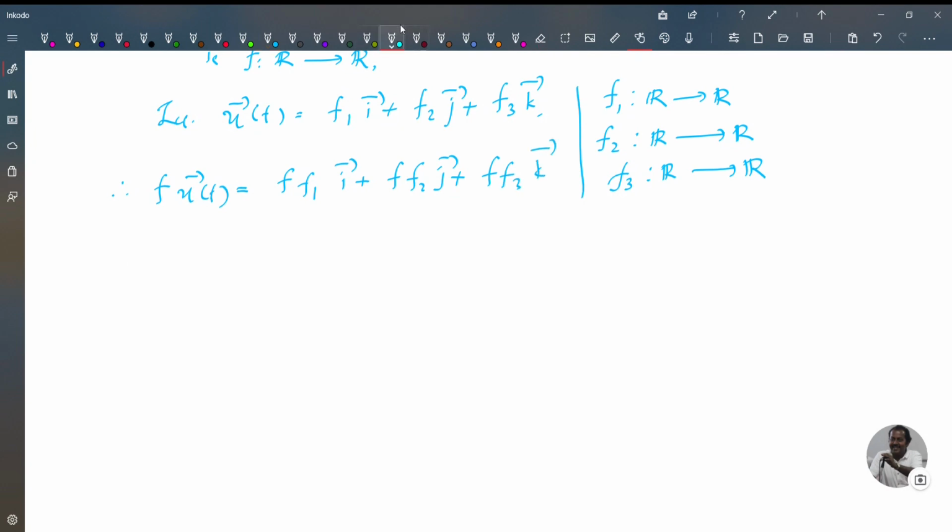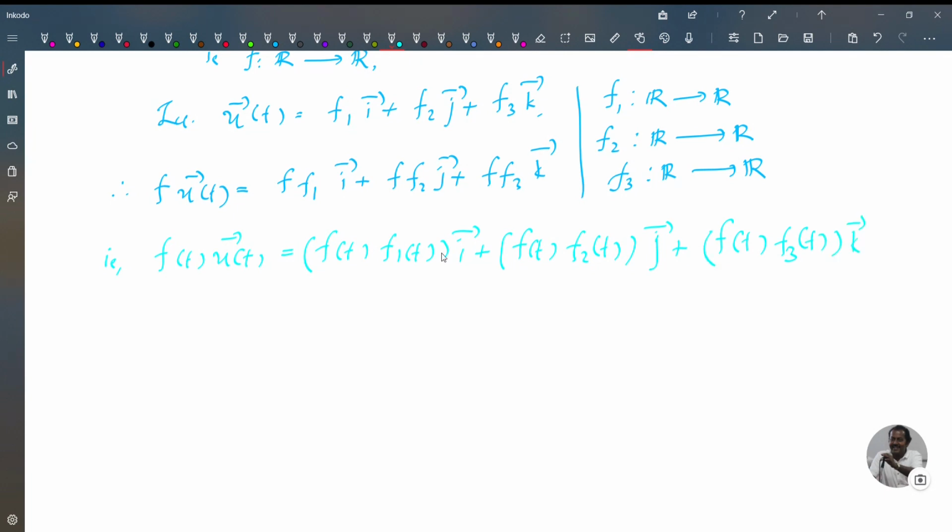That is, f of t into u of t equal to f of t into f1 of t i plus f of t into f2 of t j plus f of t into f3 of t k.